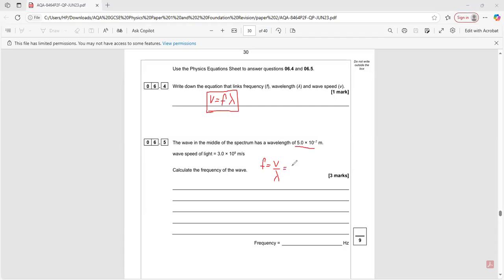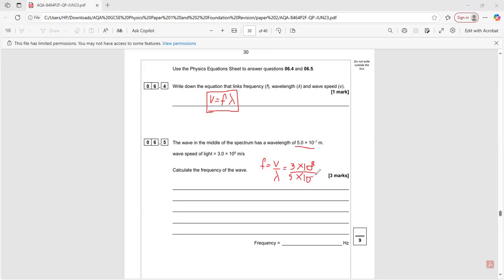So in this case, V is the speed of light, 3 times 10 raised to the power 8, divided by the wavelength, which is 5 times 10 raised to the power minus 7.